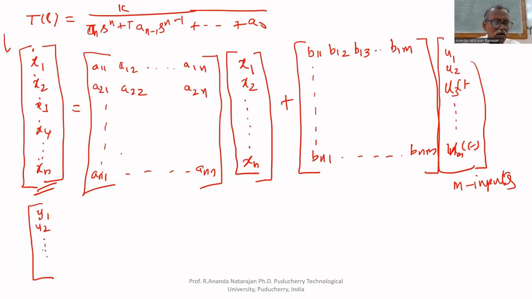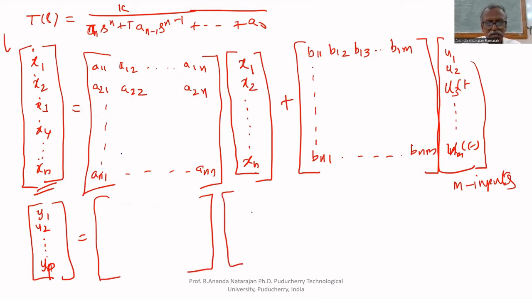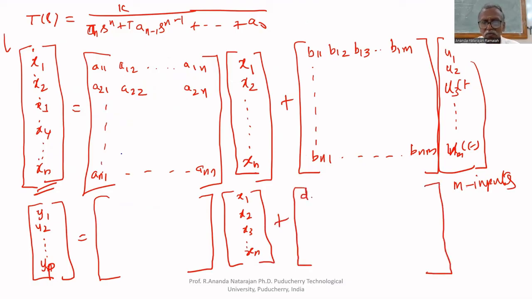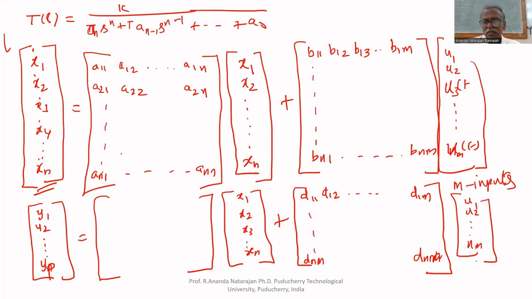Y1, Y2, etcetera, Yp equal to a C matrix multiplied by x1, x2, x3, etcetera, xn, plus the D matrix: D11, D12, etcetera, D1m, down to Dpm, multiplied by U1, U2, etcetera, Um.